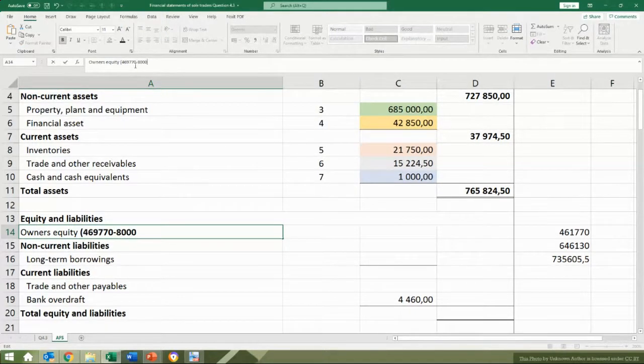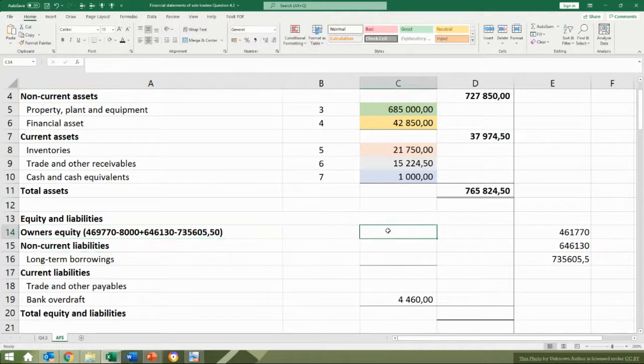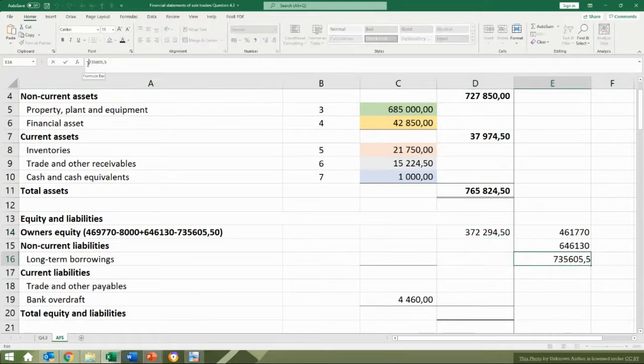Okay, so I take the capital amount, I deduct the drawings. Then I add the income, which we worked out as 1,646,130, and I deduct the expenses, which is 735,605.50 to work out the owner equity amount, which then works out, let me just make this a negative here.